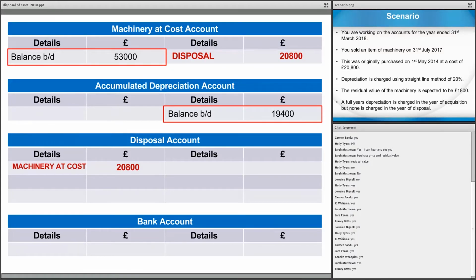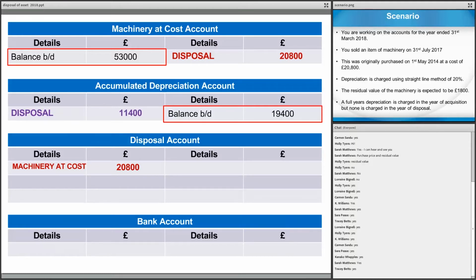Okay, so if I've credited machinery account, it means that I need to debit my disposal account. Okay, and what I've done there is I've actually got rid of the asset that originally cost me £20,800. It's no longer in my accounts. Okay, however, in the depreciation figure, there's the depreciation that relates to that asset.